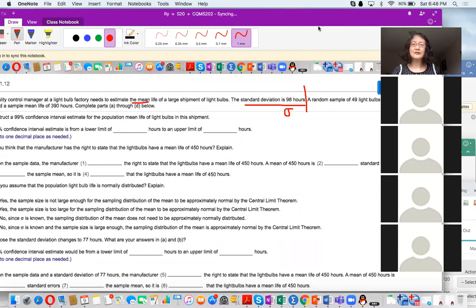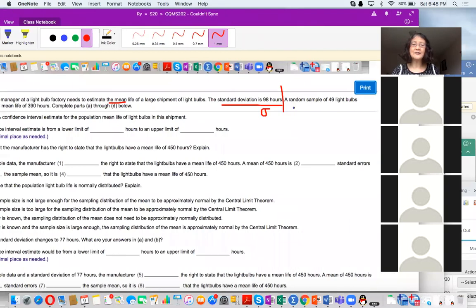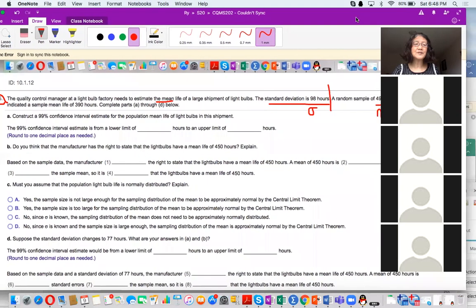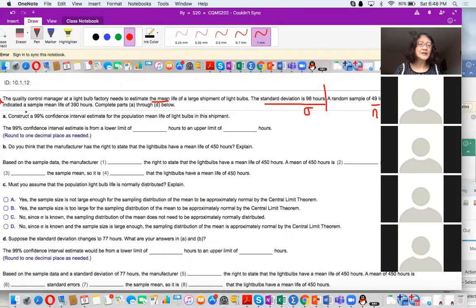Okay. And the next sentence, you have a random sample of 49. So this is sample size 49. A random sample of 49 items indicated a sample mean is 390 hours. Sample mean, okay?